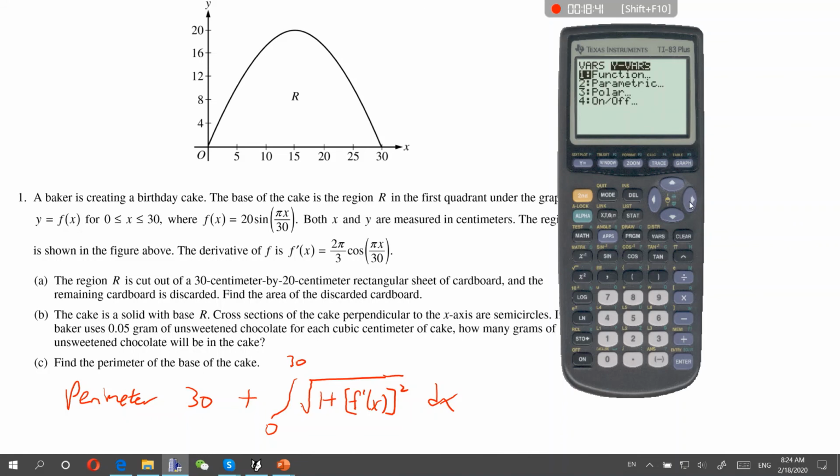Oops, I'm not actually ready to do that yet, am I? Square root of 1 plus our derivative squared, close, comma, x from 0 to 30. Okay, and then we already added 30, so that should be good.